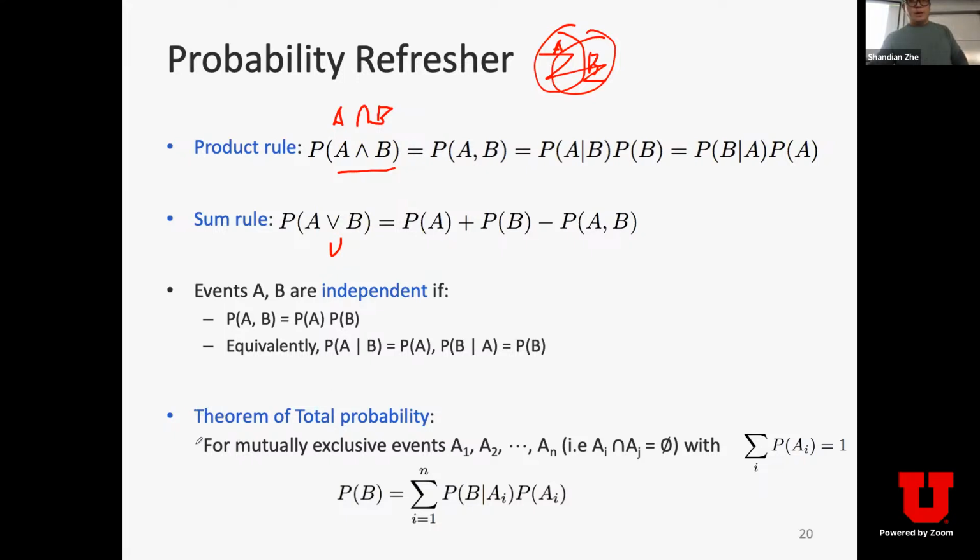And we also have the total probability formula: if we have n mutually exclusive events A_i whose summation is 1, then to compute the marginal probability of event B, we can just add up the joint probability of B with each A_i. It can be further decomposed as P of A_i times the conditional probability of B given A_i, right?